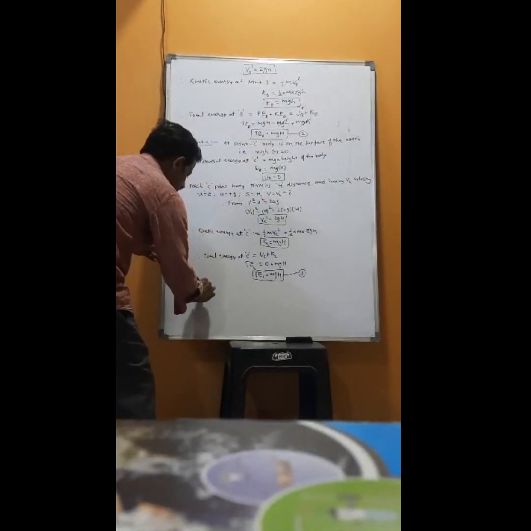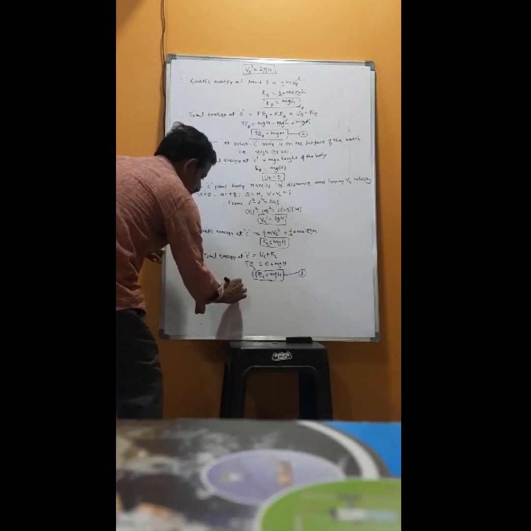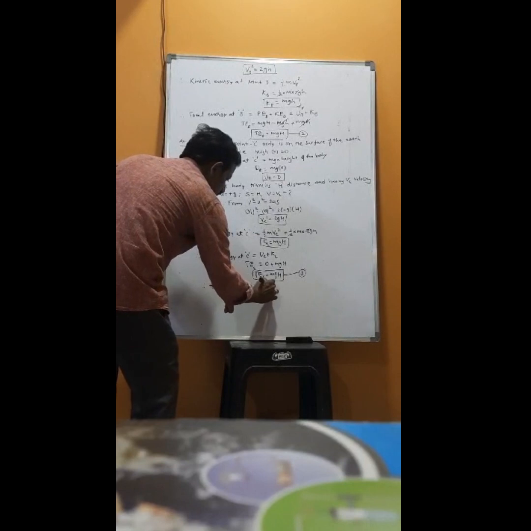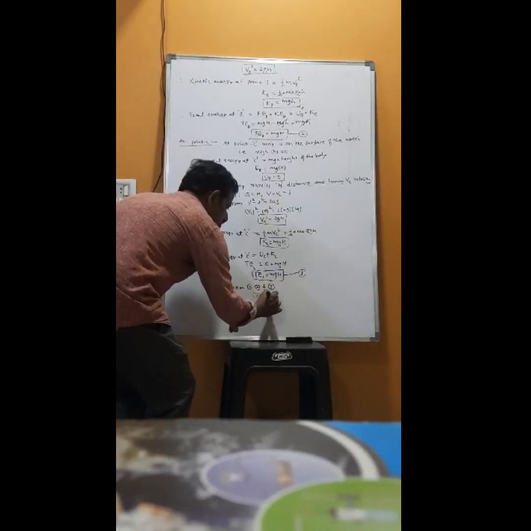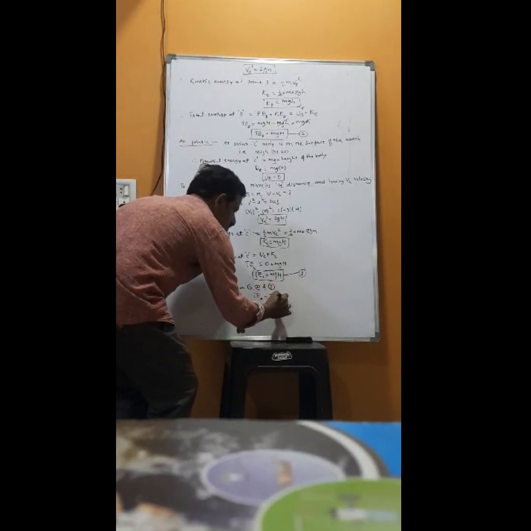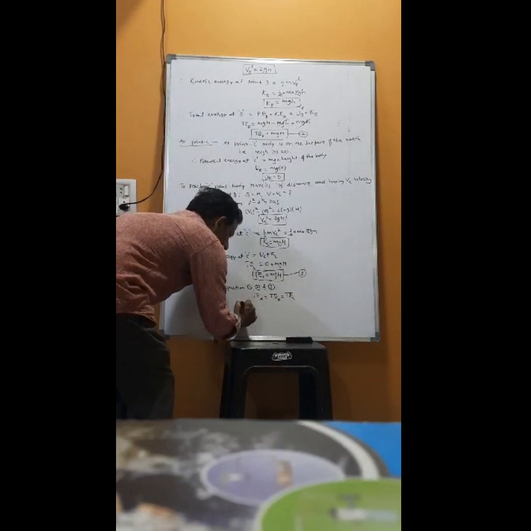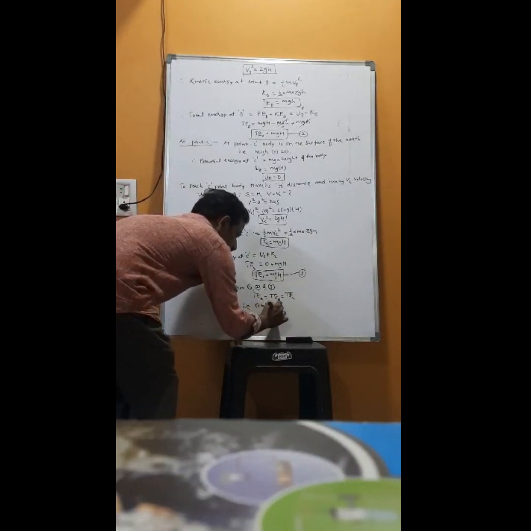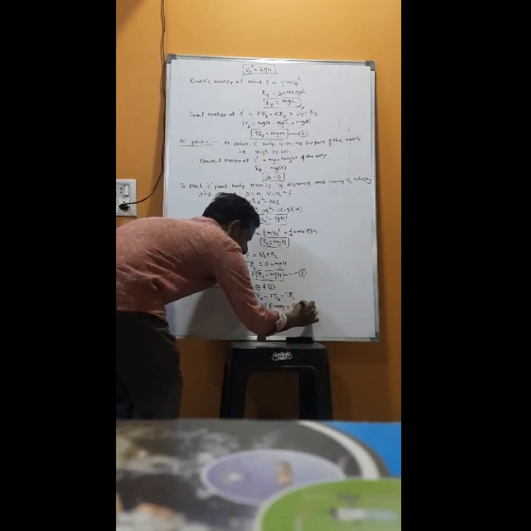Therefore, from equations 1, 2 and 3, total energy at A is equal to total energy at B is equal to total energy at C. That is, total energy is constant.